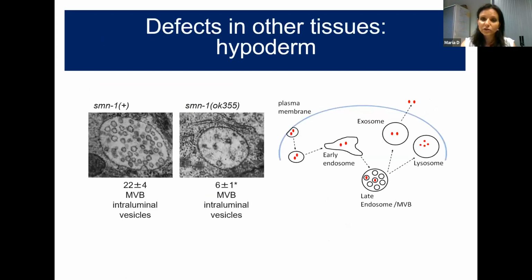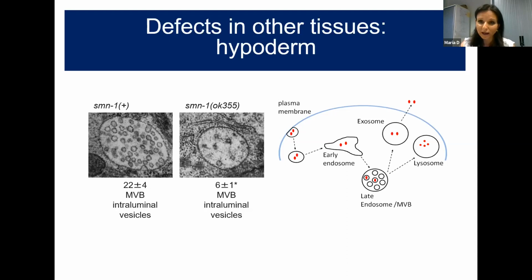And then another interesting thing that we found is in the hypoderm. So when we were looking at the electron microscopy slides, I remember we were looking at these structures here, which I didn't know at that time what these were. I was trying to find out what is this structure that in my healthy worm has all these nice circular structures, but in my SMA worm, it does not.